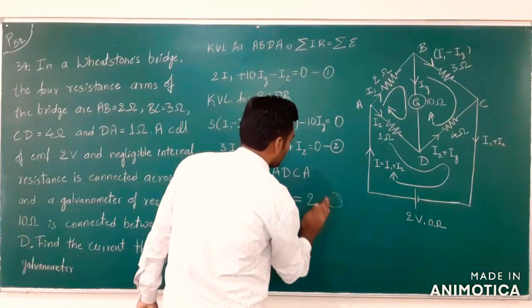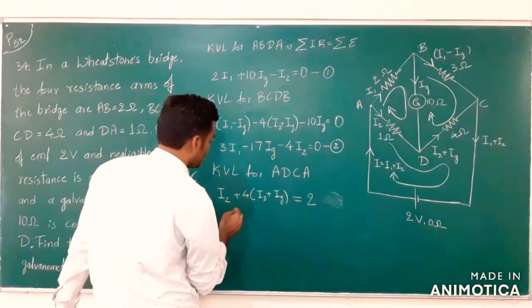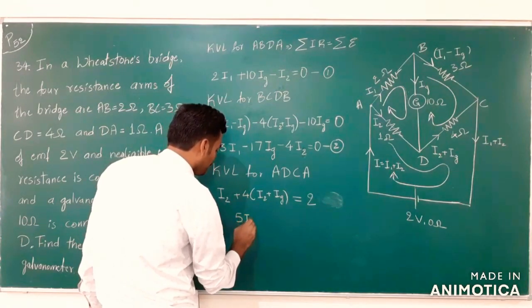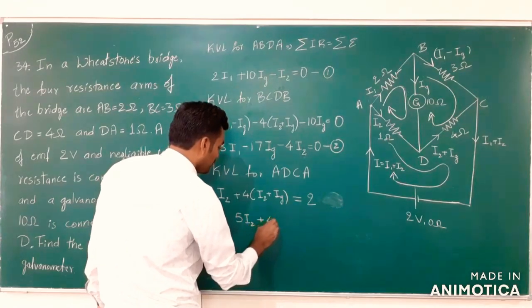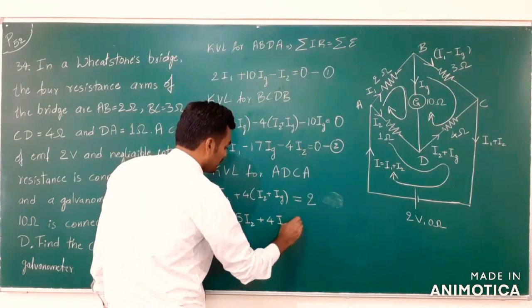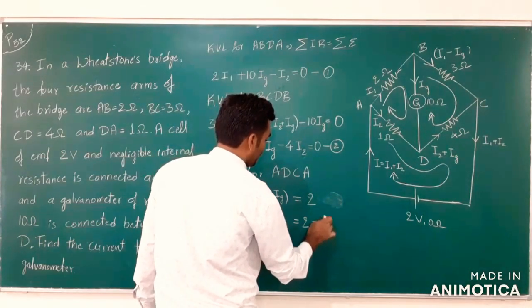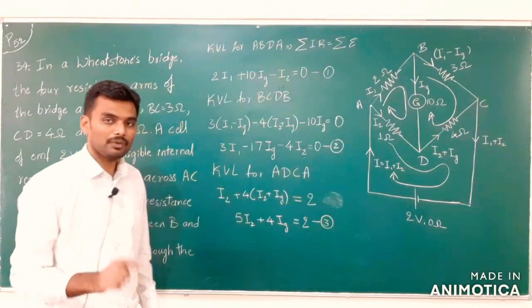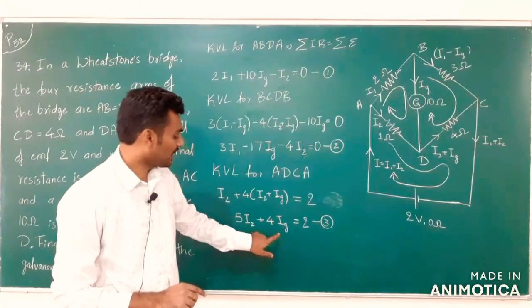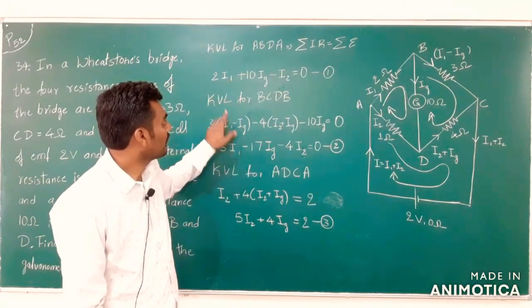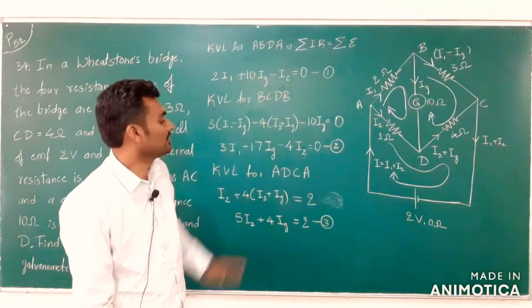Okay, let me not name it directly as equation 3, let me simplify this. So it is I2 plus 4I2, which is 5I2 plus 4Ig is equal to 2, and let me name this as equation 3. So now you see, we have an equation which connects Ig and I2, and these two equations are from I1, I2 and Ig.